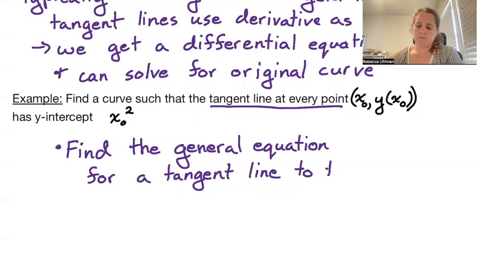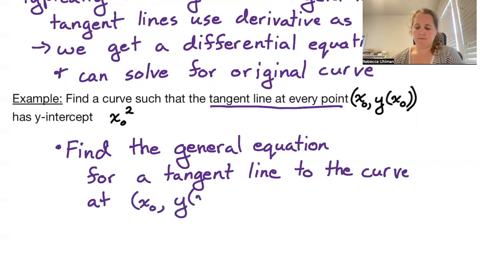to the curve at x naught, y naught, or x naught, y of x naught. So again, we know that the slope would just be the derivative.